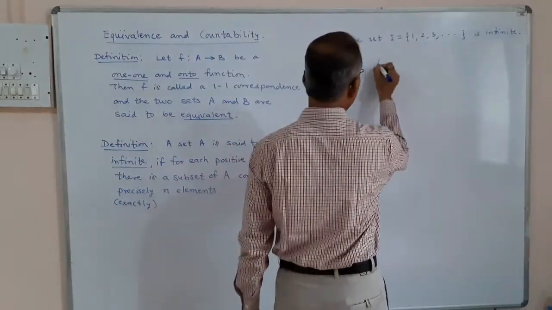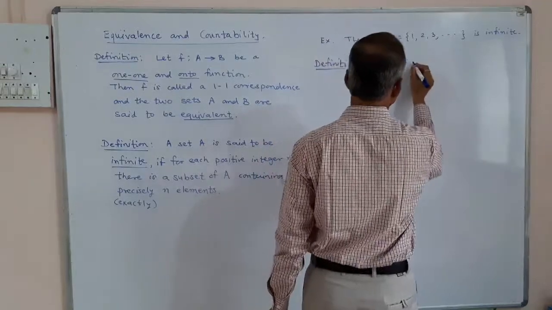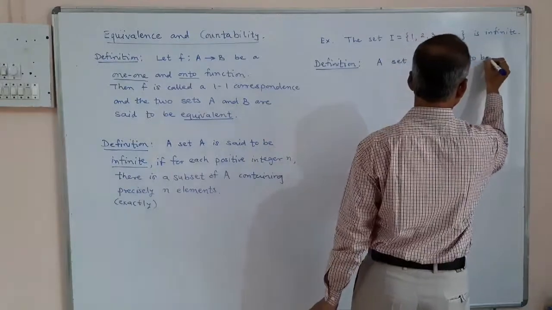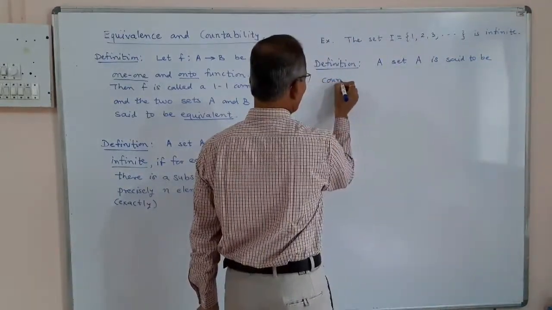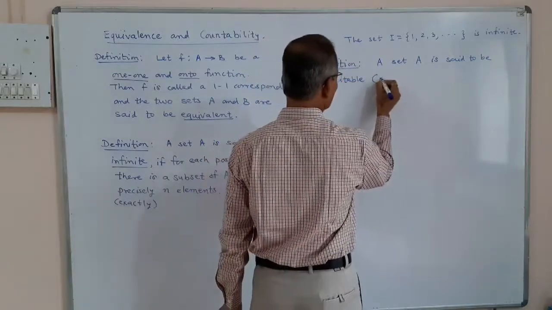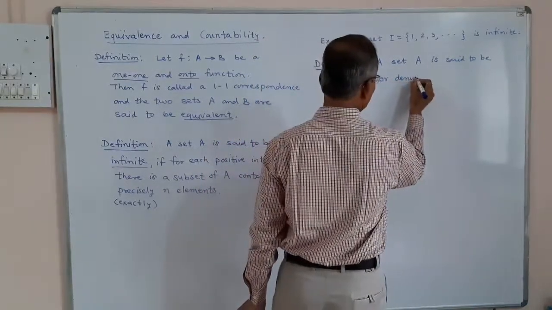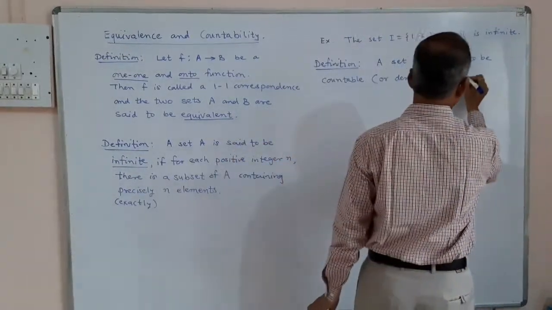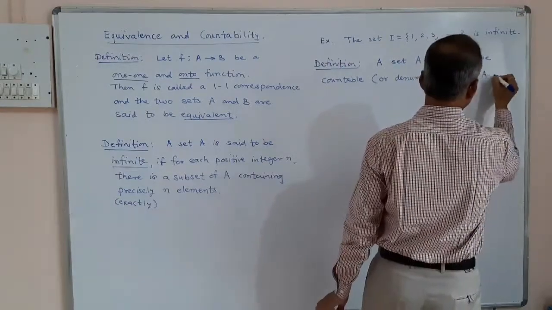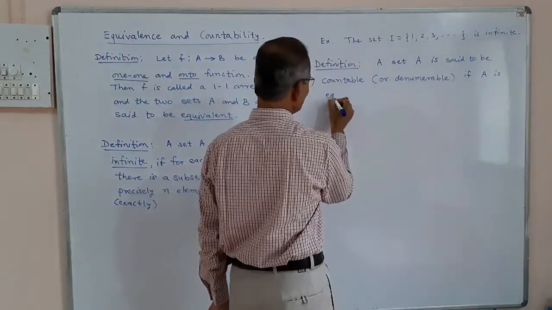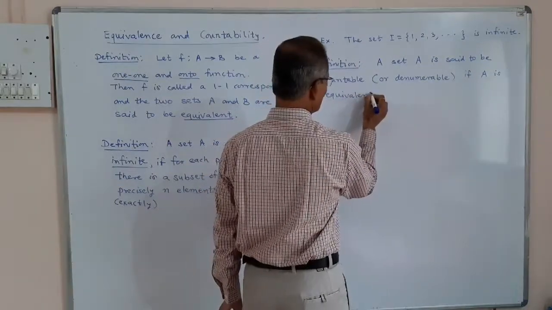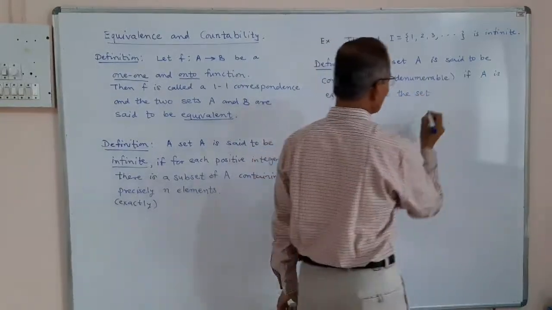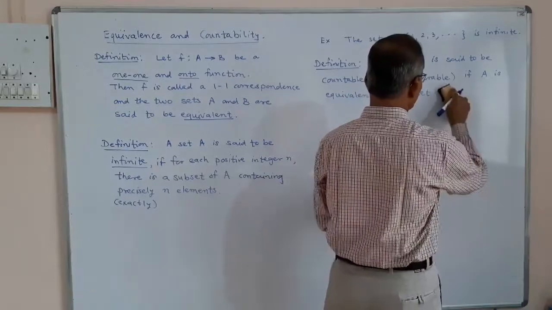Now a set A is said to be countable, or the other name is denumerable, if A is equivalent to the set I of positive integers.